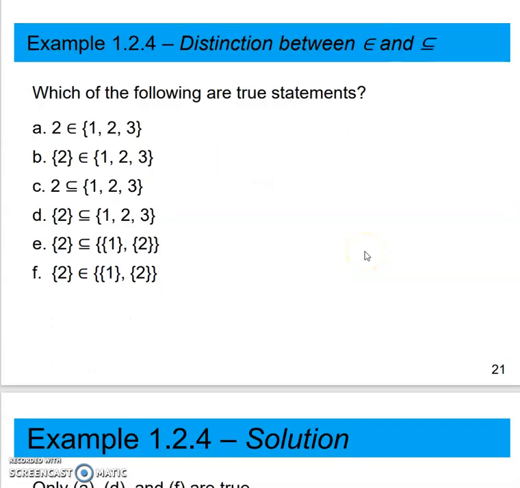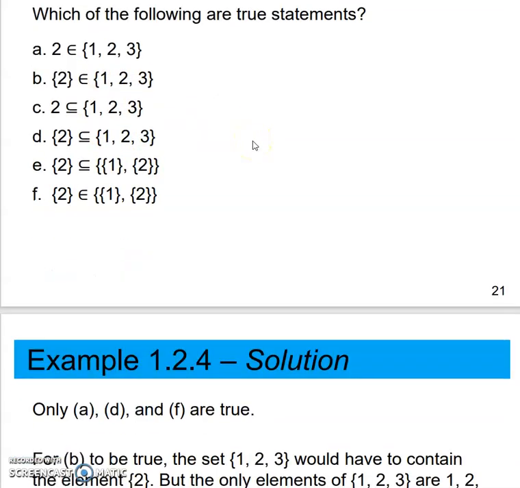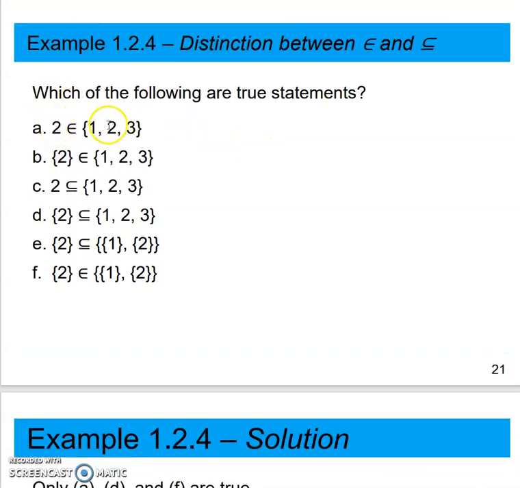All right, now some of our tricky notation is these two symbols. So as a reminder, that first symbol means this is an element that is contained in the set, and the second notation is for subsets. So number A, 2 is an element of the set 1, 2, and 3. That is true because 2 is in there.